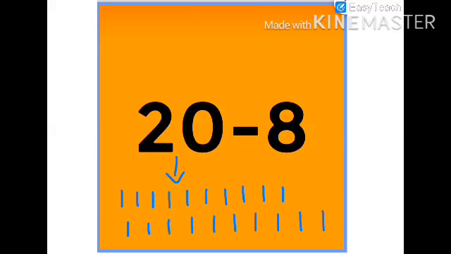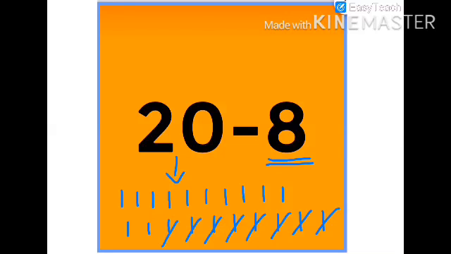Now, out of these 20 sticks, how many sticks do we have to subtract, children? We have to subtract 8 sticks. And we all know in subtraction, we count backward. So, let us minus 8 sticks. 1, 2, 3, 4, 5, 6, 7, 8.